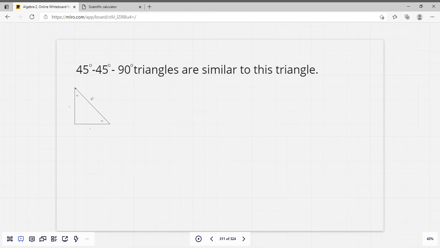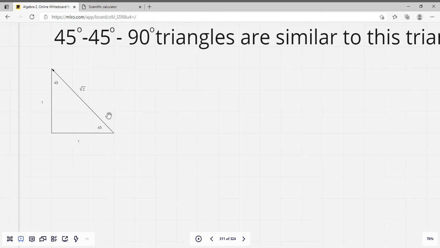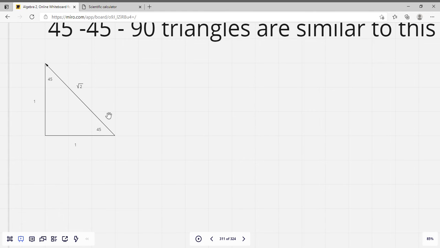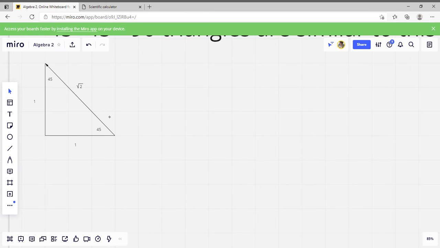Alright, 45-45-90 degree similar triangles. Here's what a 45-45-90 looks like. If we have a 45 there and a 45 there, then we've got 1, 1, square root of 2. Super easy.